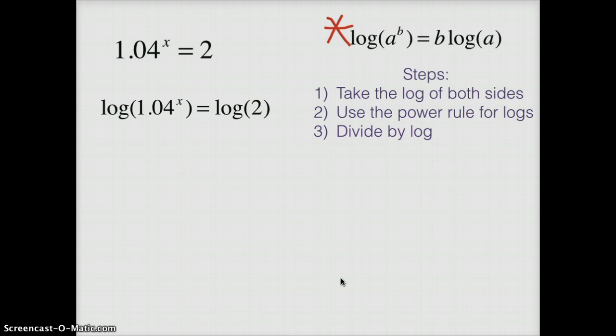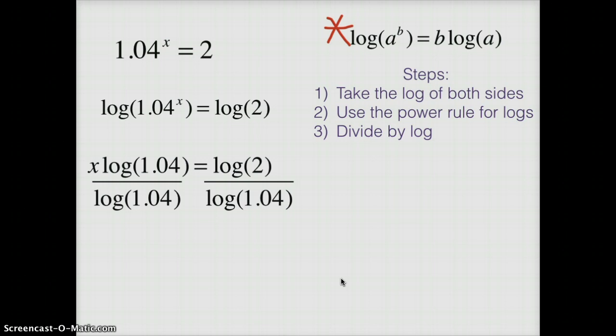This helps us isolate the x, because since it's an exponent inside a log, we can move it to the front. Then we divide by the log of 1.04. The log of 1.04 is just a constant, so we're allowed to divide by that. These two cancel out, and I'm left with x equals log of 2 divided by log of 1.04.